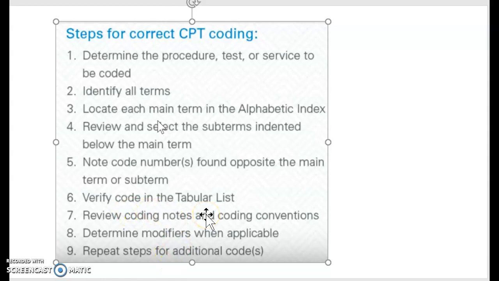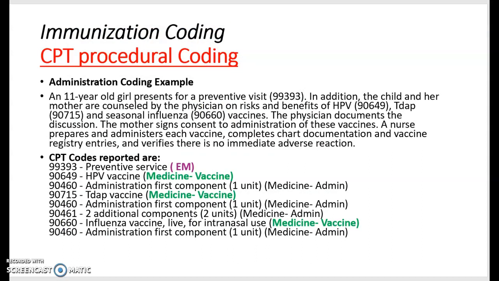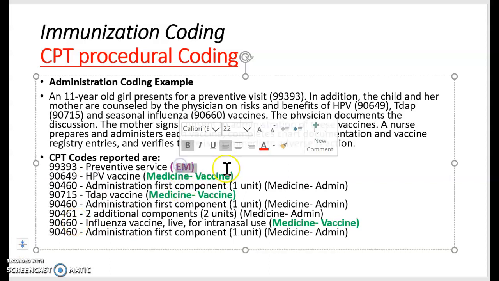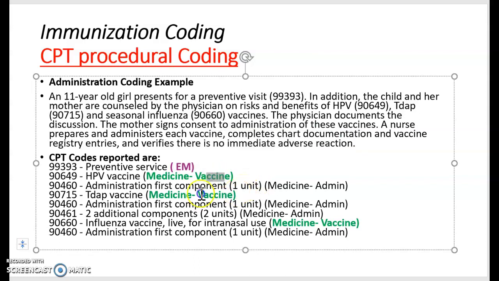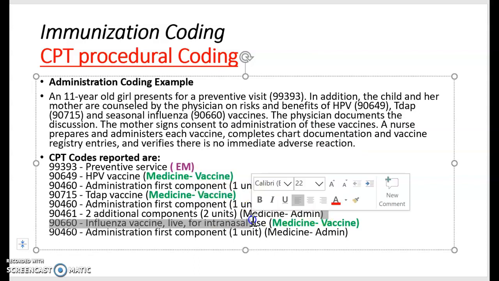Okay, this is how we confirm the codes in the tabular list, and we follow these steps for correct CPT procedural coding. This is just an example that I've given you. I want you to pause this slide, review this scenario, review all the codes, see how we found all these codes. You can see we have an E&M code, we have several vaccine codes, we have several administration codes.